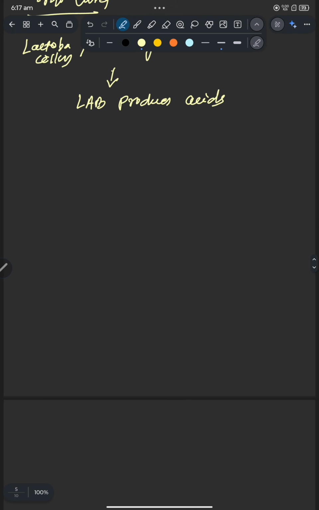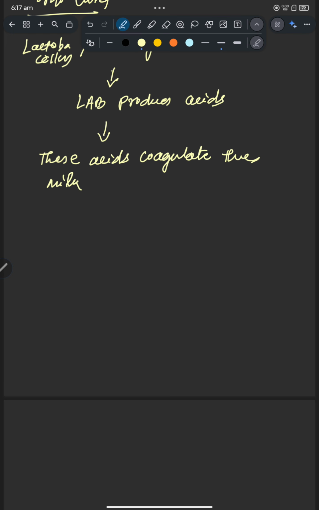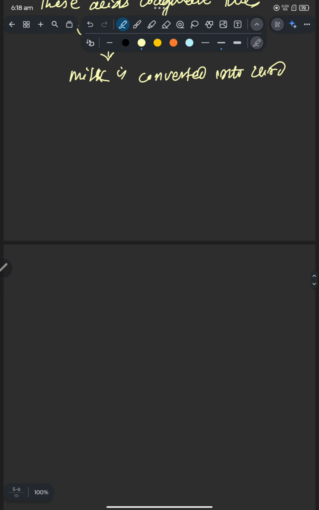Okay, and this acid coagulates the milk protein. Okay, and now the milk is converted into curd. Okay.